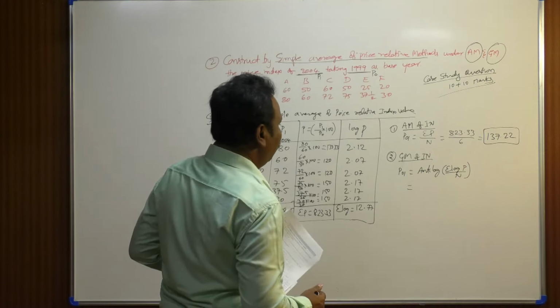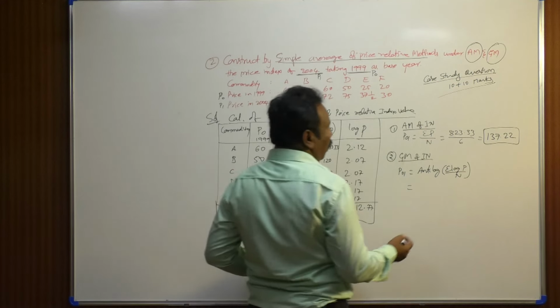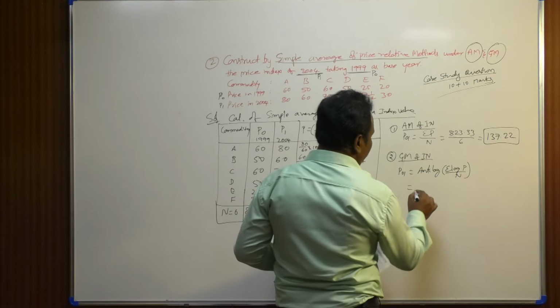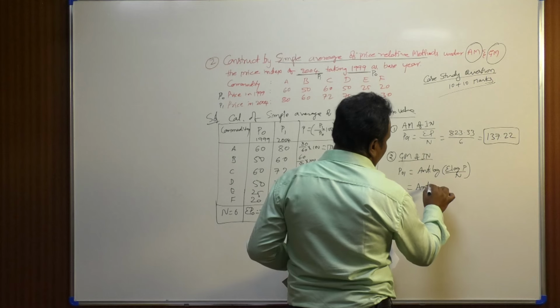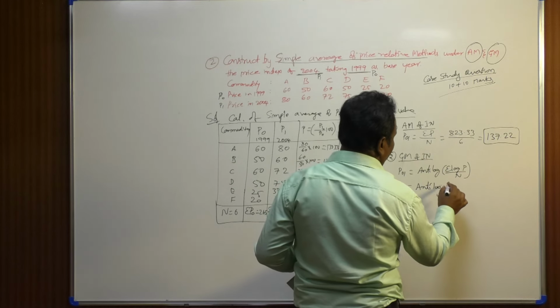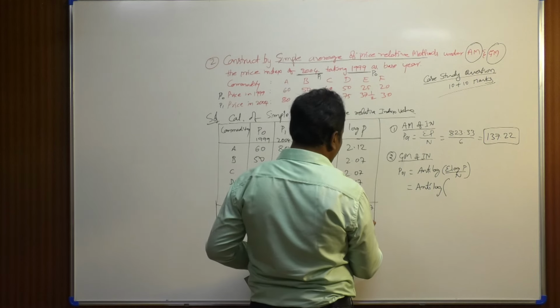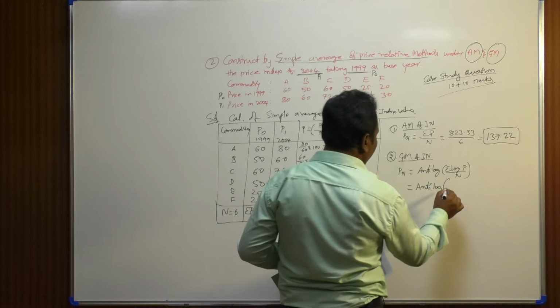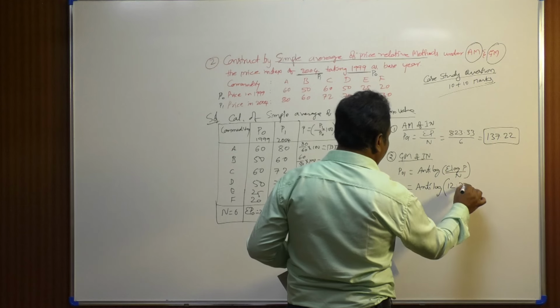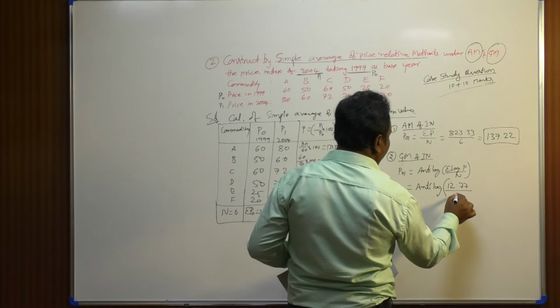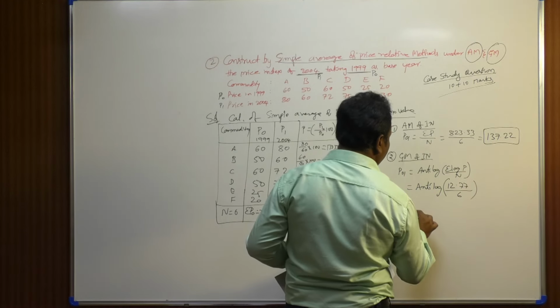Now the geometric mean of the index number is antilog of sigma log p divided by n. Sigma log p equals 12.77, divided by n, which is 6.